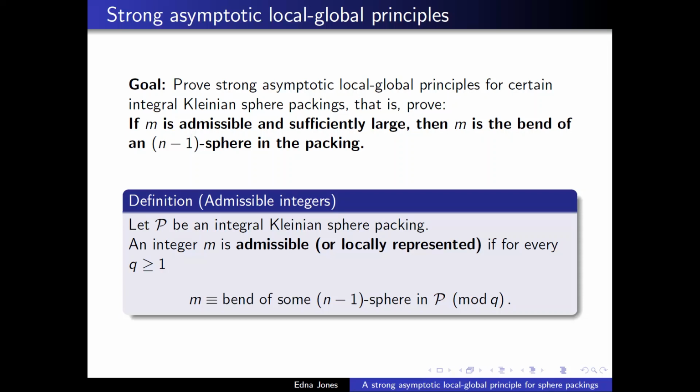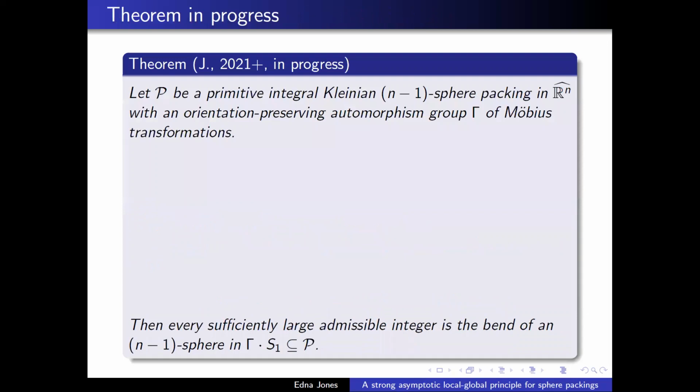So more technically, what am I actually trying to prove? This is the main theorem going into my dissertation, and I'm still working on it. Let P be a primitive integral Kleinian n minus one sphere packing in R^n hat with an orientation preserving automorphism group gamma of Mobius transformations.